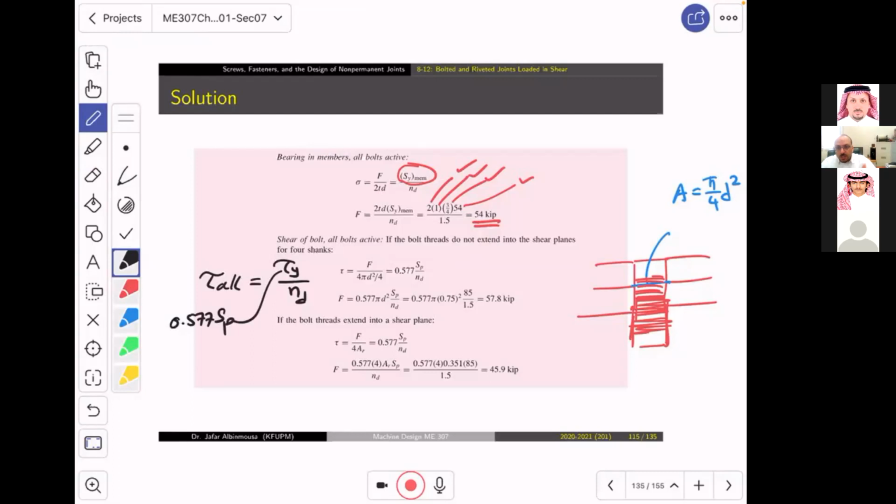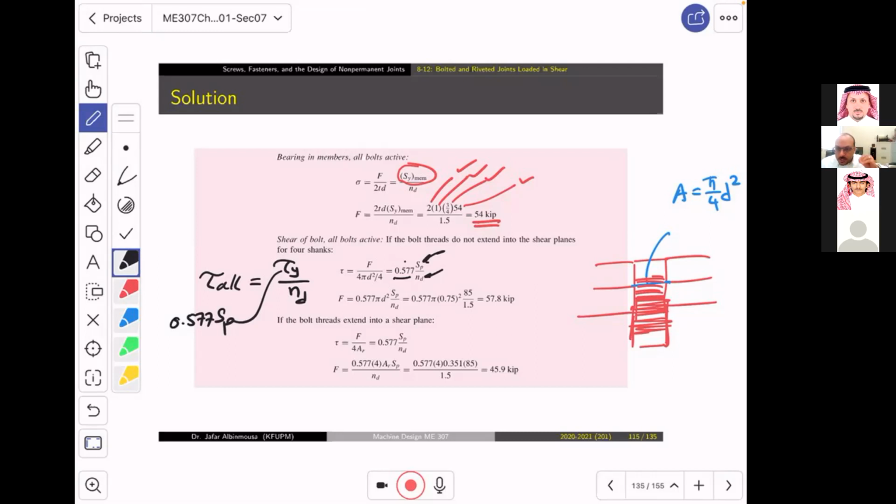Why? Because Sp is a normal property of the bolt, and if we multiply it by 0.577, this magical number is going to transform Sp into a shear proof strength. Do you understand? And that's why we multiply 0.577 by Sp divided by ND. Good?